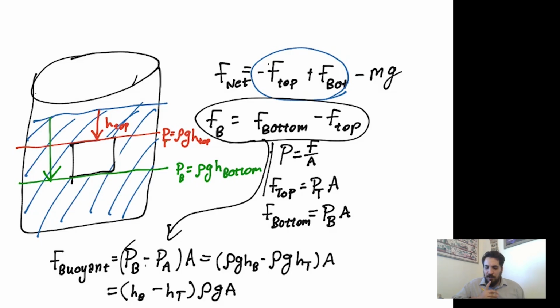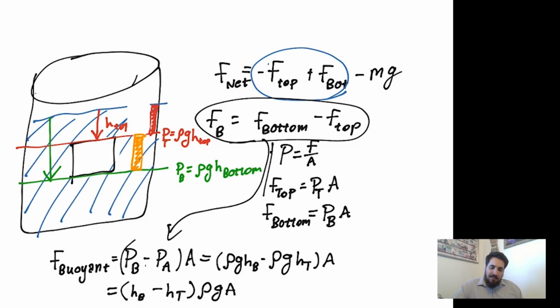Well, let's take a look at our cube, right? If we take a look at our cube, this orange line will represent h bottom, right? The height to the bottom of the cube. If I subtract off this red line representing the height to the top of the cube, well, what's left on our orange bar is just that bit.